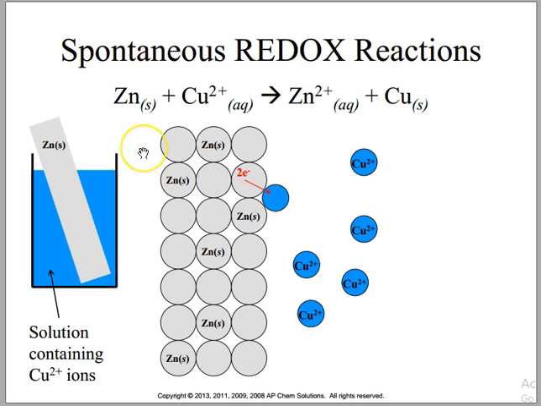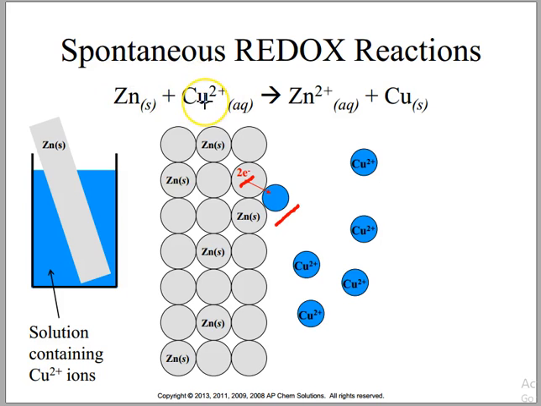So, spontaneous redox reactions. These are oxidation reduction reactions that happen spontaneously. So if we put a strip of solid zinc into a solution containing copper ions, the copper ions will accept, here's a copper ion, and it will accept 2 of the electrons from zinc. So that copper cation accepts the electrons from here.